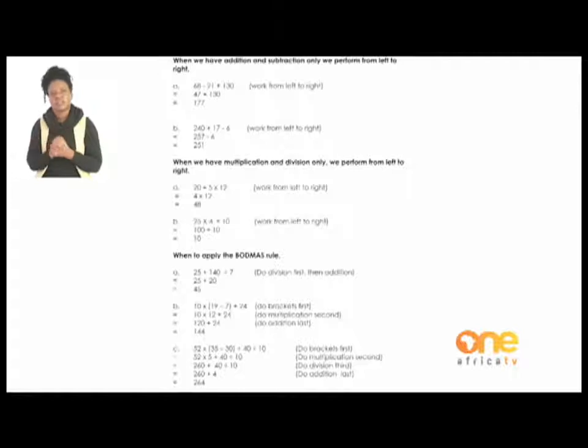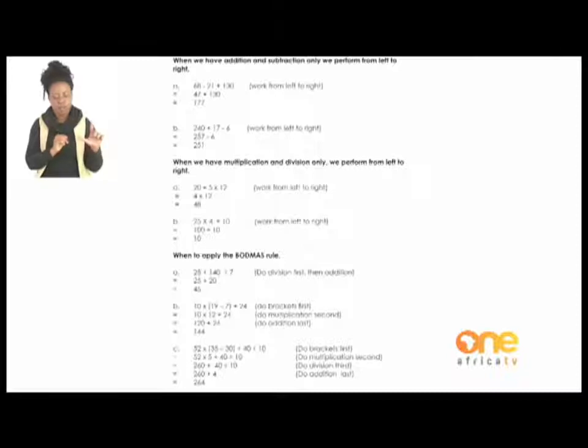We will also see one thing, boys and girls. We do each sum of the BODMAS separately. Let's try example B: 25 times 4 divided by 10. Here the multiplication is first, so work from left to right.